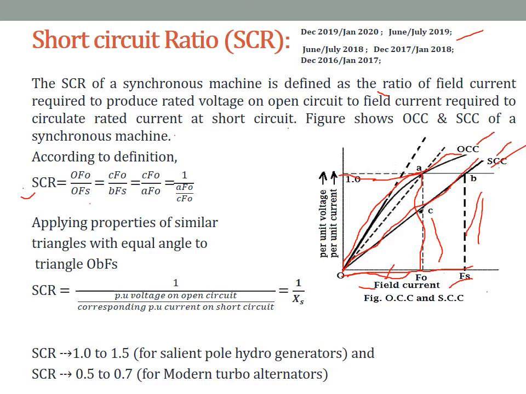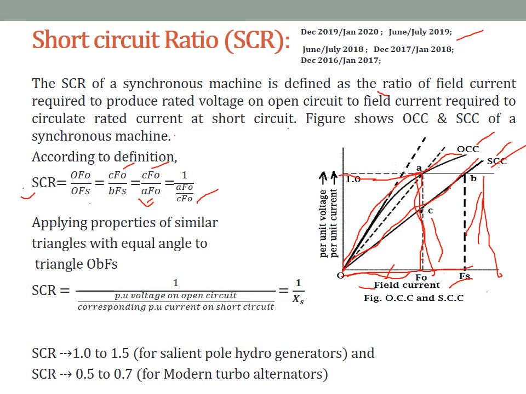BFS is nothing but this AF naught, from here to here. So AF naught by CF naught. Now SCR is equal to AF naught by CF naught.